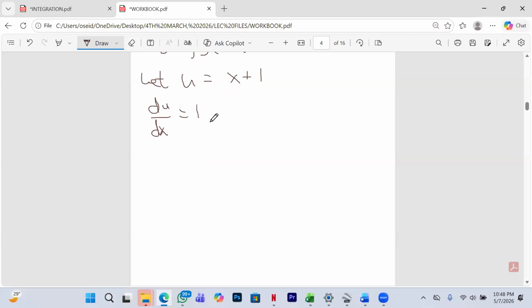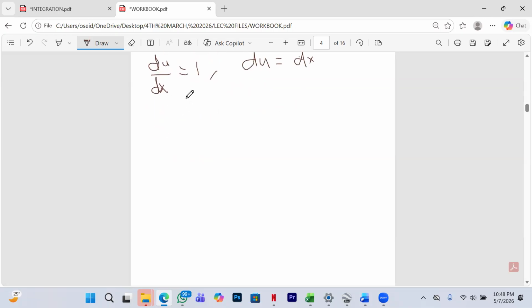Then du is equal to dx. The reason why du is equal to dx is because when you multiply this by 1, you are going to get dx. So take note.